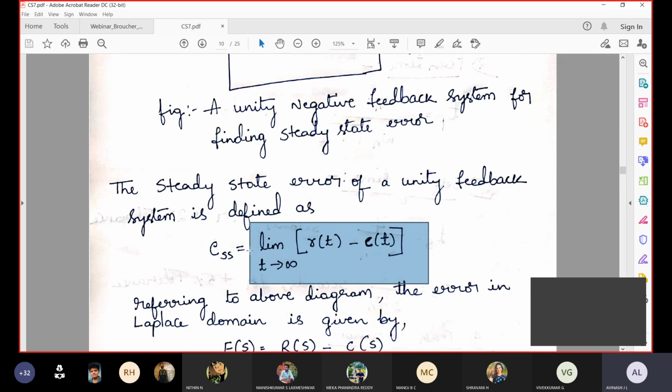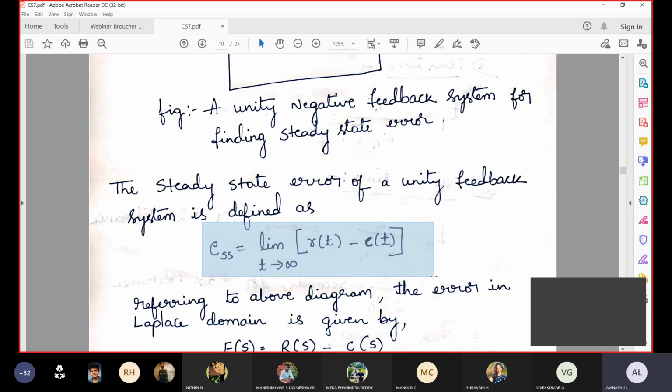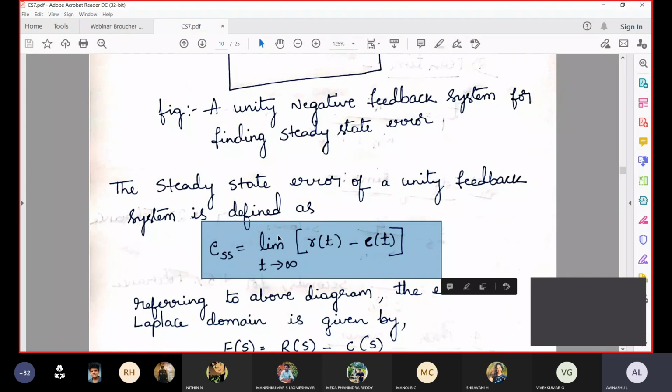That is why we have taken this format: ESS, the steady state error, equals limit t tends to infinity of R of t minus C of t. Is it clear to you? Can you write this one?